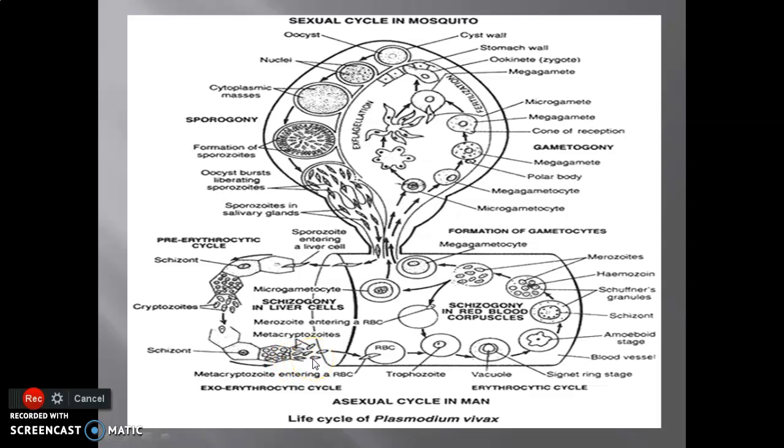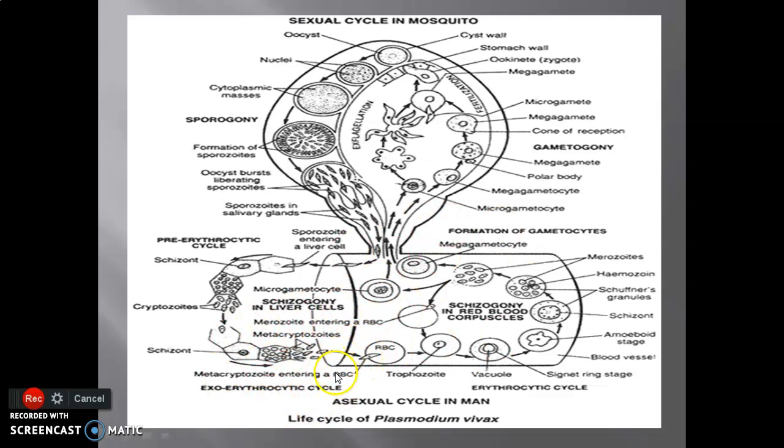The formed metacryptozoites now enter the red blood corpuscles. After damaging the liver cells and after forming metacryptozoites, they enter the red blood corpuscle.